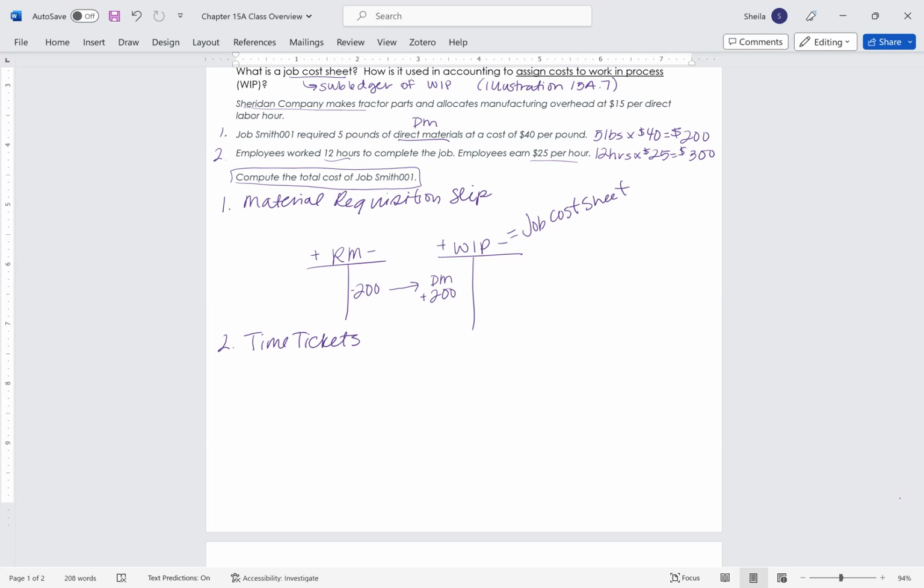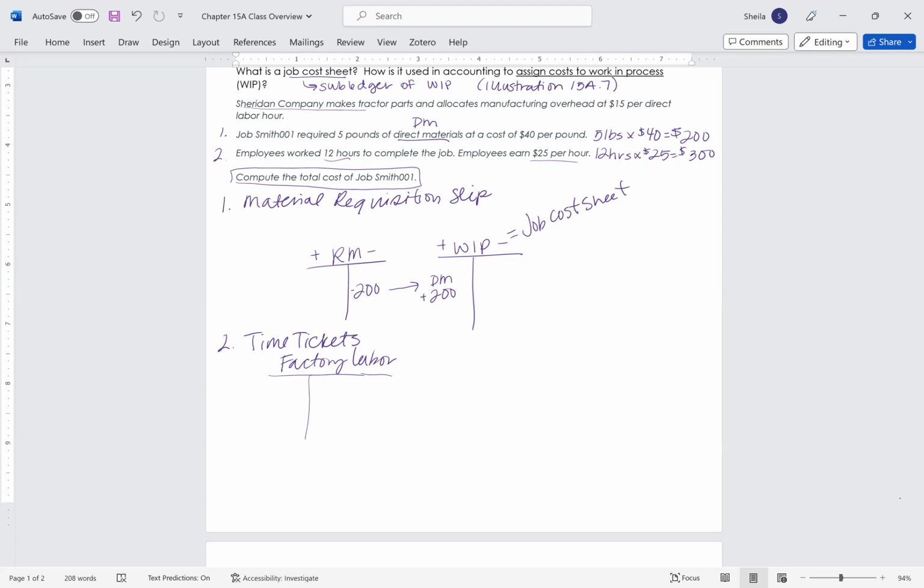At this point, I want to introduce a temporary account called factory labor. Anytime we have product costs in factory labor, those are accumulated within the factory labor account.